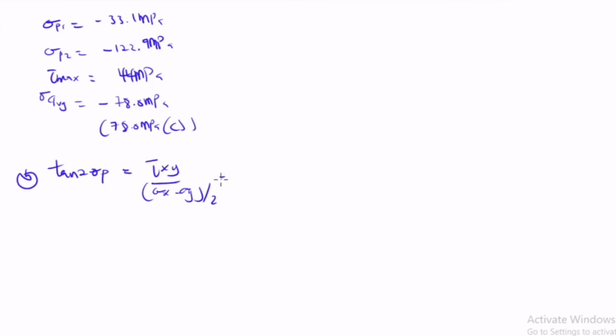Then we had it to be negative 42 megapascal all over bracket open, negative 62 plus 94 divided by 2. And in that case, when you divide by 2, our theta is going to be negative 34.6 degrees.